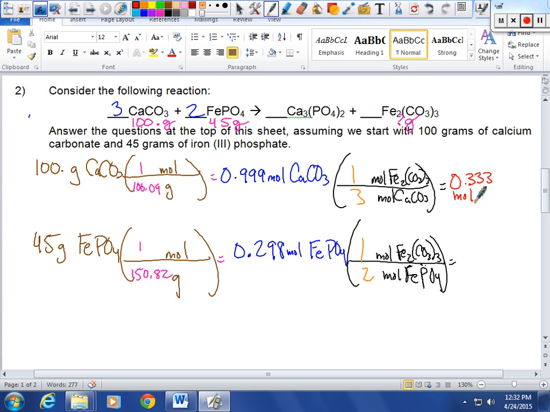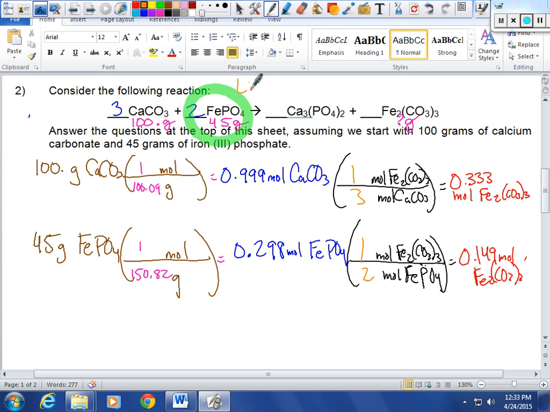Alright, moles of Fe2CO3, and the bottom one was what? 0.149. Moles of Fe2CO3. Alright, so from this point, we can now determine our limiting reactant. Who is it? Very good. It is FePO4. So this guy right here is going to be our limiting reactant.